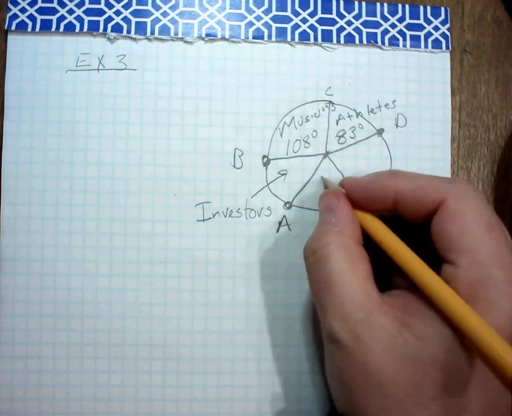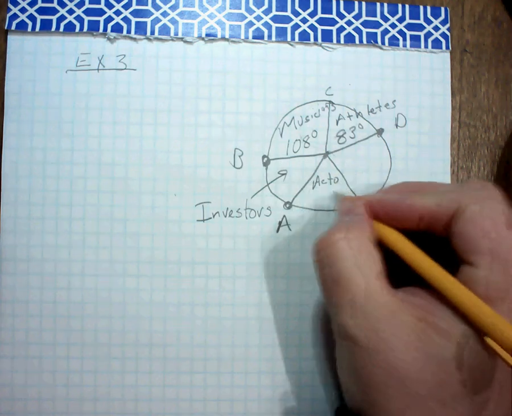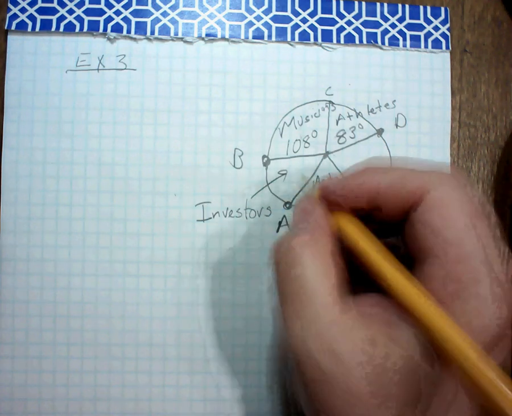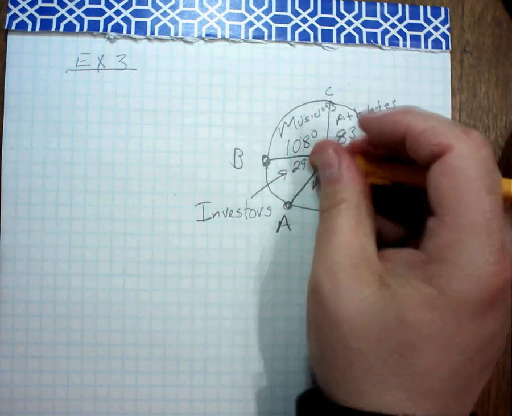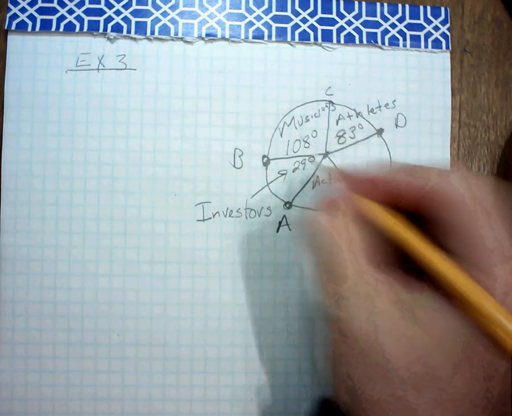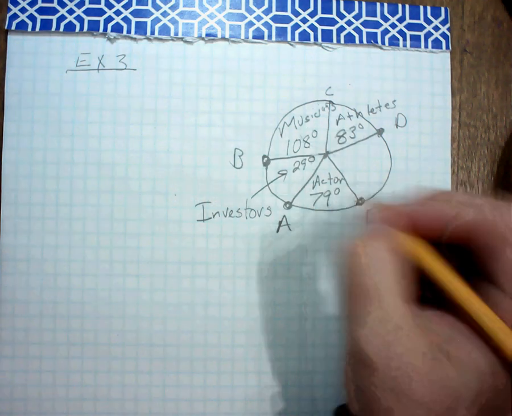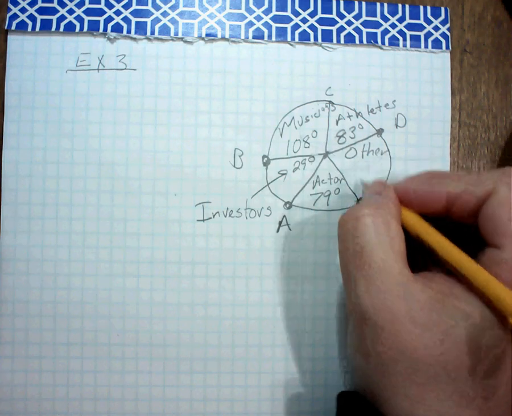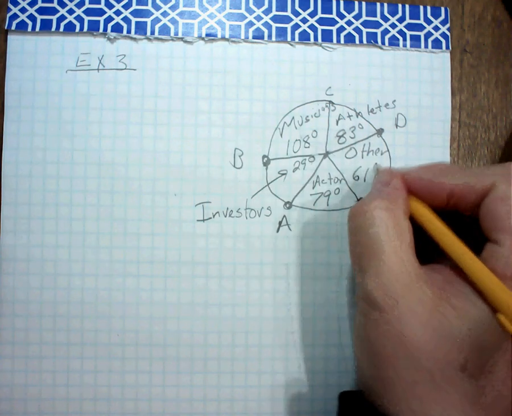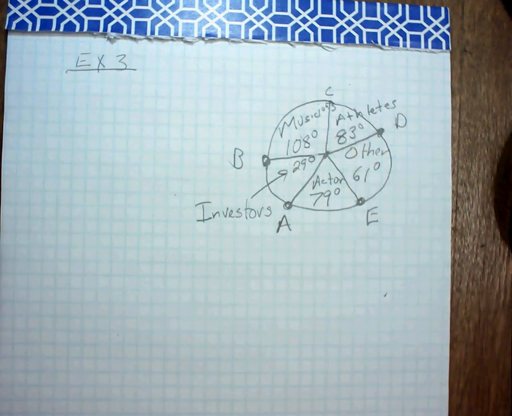This is actor. Oh, I'm sorry, this is 29 degrees. Actors is 79 degrees. And other is over here. And that is 61 degrees. So first and foremost, if I add all these up, it equals 360 degrees.